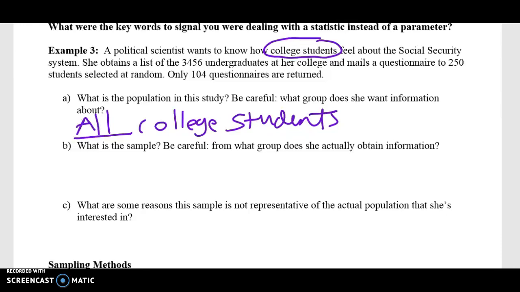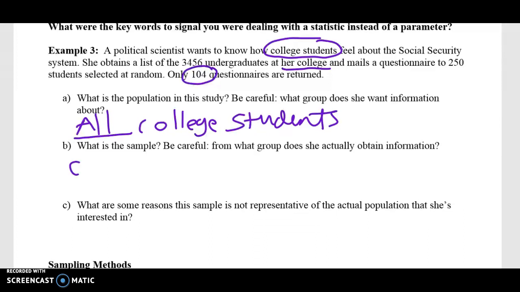So the sample is the 104 that we have results for. And the remaining of the 250 that were sent out, we don't have results for, so we can't include them in our sample. So what group do we actually contain information about is the 104 from her college.